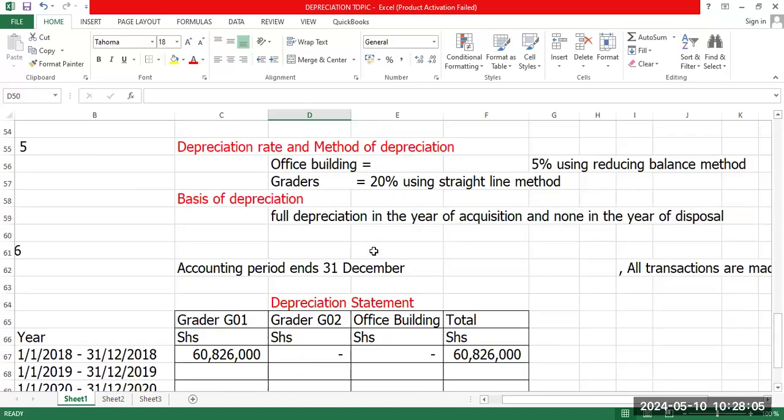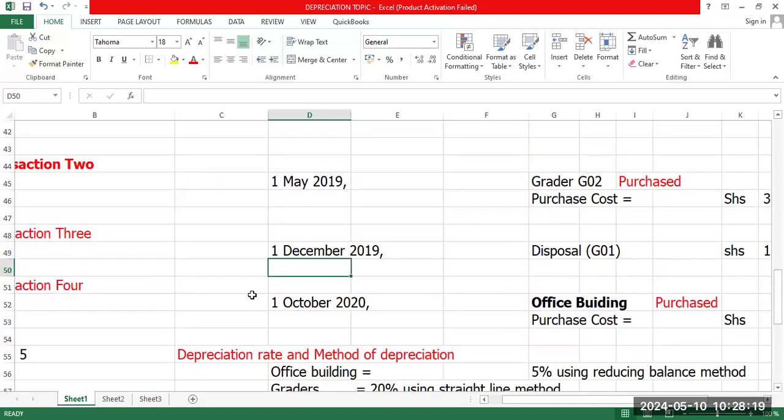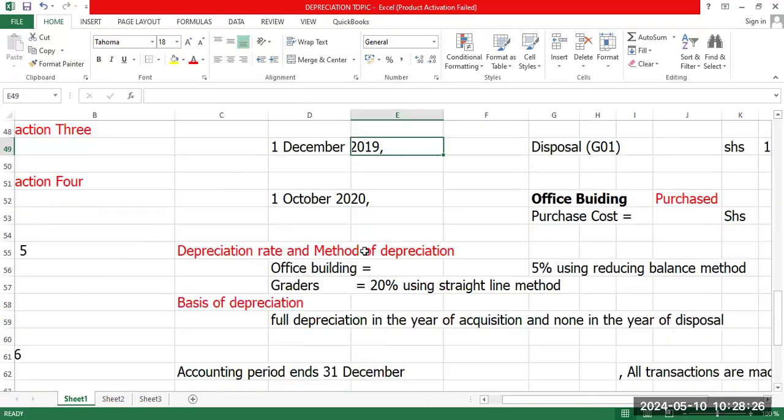And here the company's policy is that you give full depreciation in the year of acquisition and none in the year of disposal. So for grader 1, what is the year of disposal? The year of disposal is actually 2019, and the condition is don't give depreciation in the year of disposal.